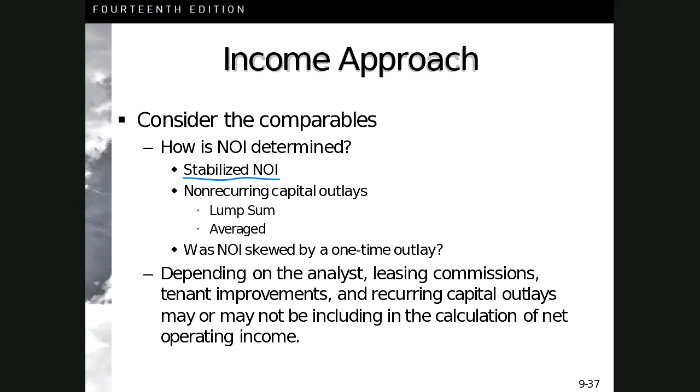And then if you see anything that's non-recurring, a lump sum, or something averaged over time, maybe you want to consider taking it out of the net operating income. I mean, if there's any expense that's non-recurring, maybe we add it back. If there's any income that's non-recurring, then we subtract it.